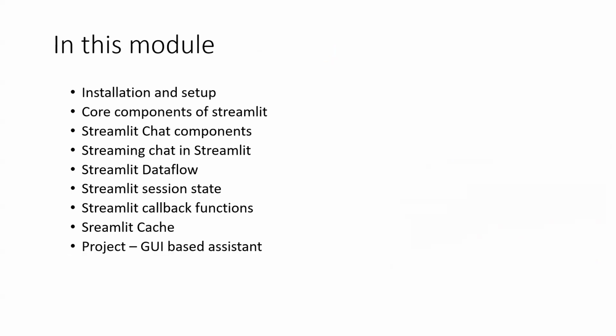So in this module, today we are going to study how we can install and set up Streamlit. What are the core components of Streamlit? What are the core widgets by which we can create different things? How we can show messages on the screen, how we can take input from the users, all those things.